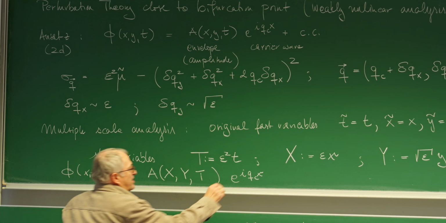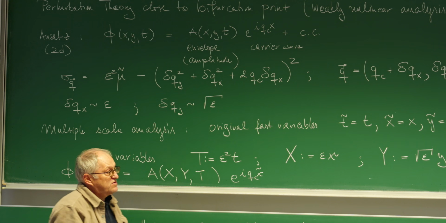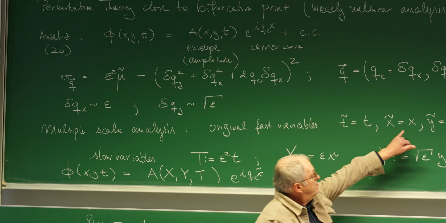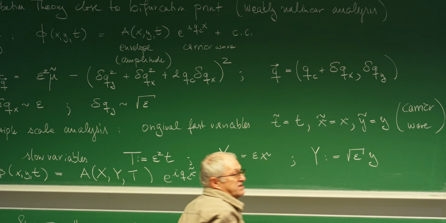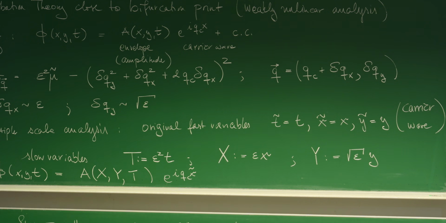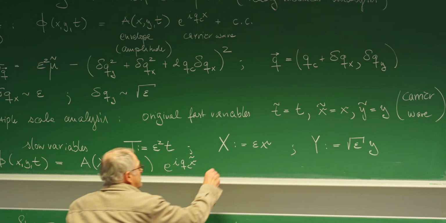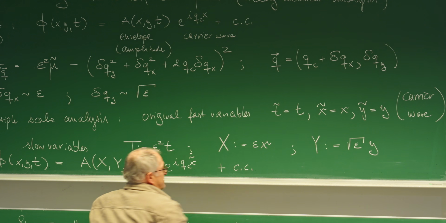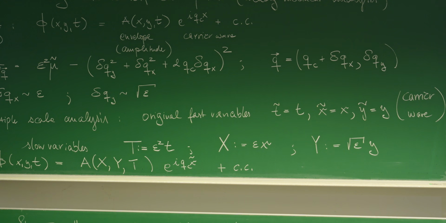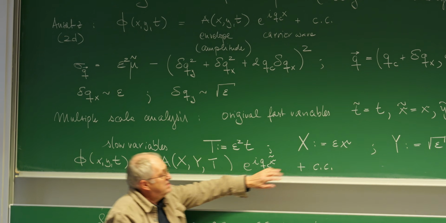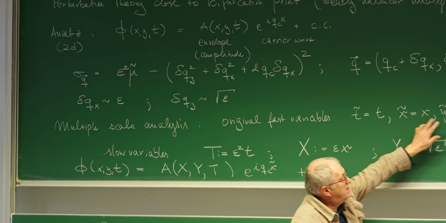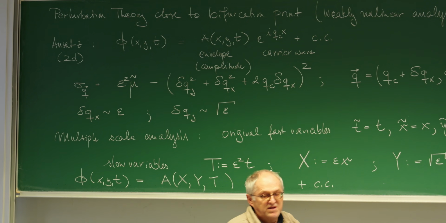And here I can either write it as x twiddle or x, but I remain here with x and y because in the end they are the same for our choice of scales. And of course, I shouldn't forget the complex conjugate that I have to add for this to be real. So now we want to keep that structure and treat X, Y, and T and lowercase t, x, and y as an independent set of variables.